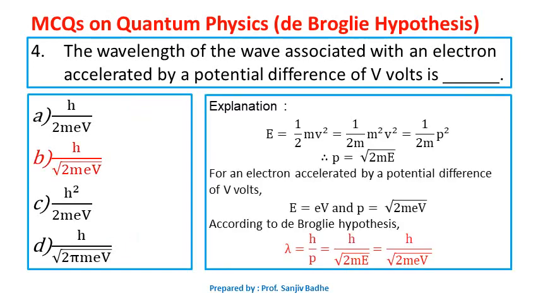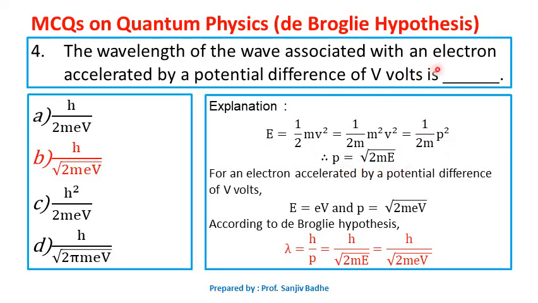So to find the answer of this problem, let us do a simple calculation. The kinetic energy of the electron is given by 1 by 2 mv square. Let us multiply and divide by m. So we get m square v square upon 2m as the kinetic energy, which can be written as p square upon 2m, and therefore momentum can be written as square root of 2mE.